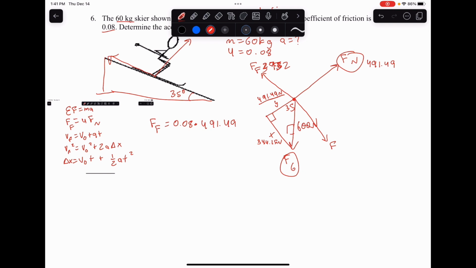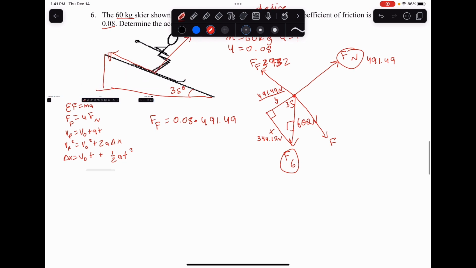So subtract that number we just got, the friction, from our force x, so 344 minus this 39. So now we have the total force. And total force over mass equals acceleration.